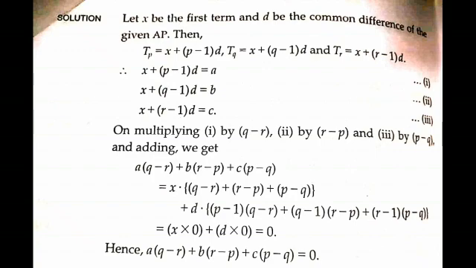So now this is equal to x into 0 plus d into 0, and finally it is equal to 0. Just observe it carefully, and hence we can say a into (q minus r) plus b into (r minus p) plus c into (p minus q) is equal to 0.